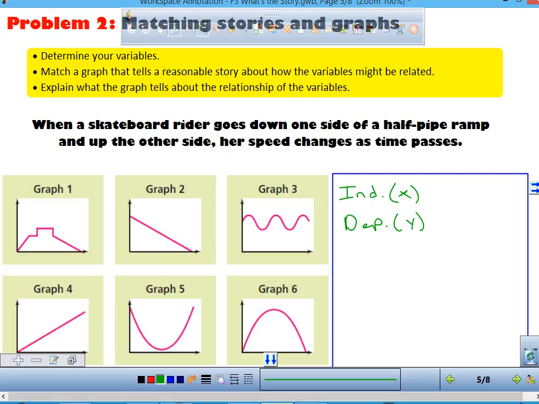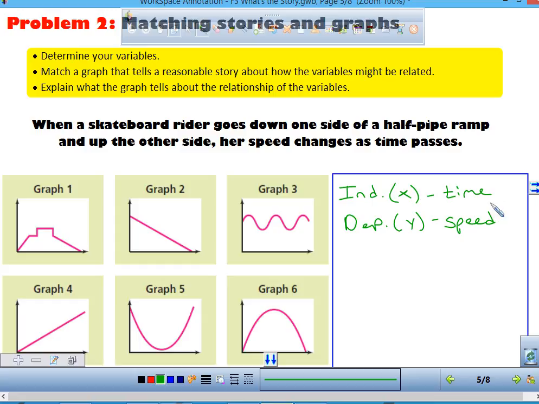Which one depends on the other, speed or time? Speed depends on time. So, because speed is dependent on time, that means speed is the dependent variable. And then time is independent.